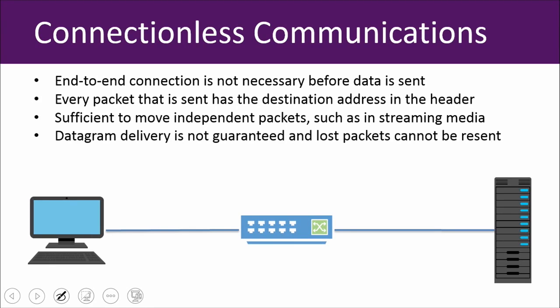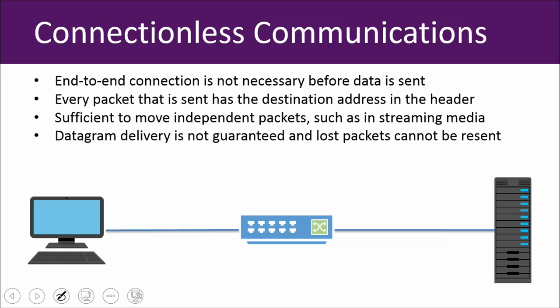All right, so let's talk about connectionless communications. An end-to-end connection is not necessary at all. Every packet that's sent has a destination address in the header. And really all that happens with connectionless communication is that packets are just sent one after the other. There's no guarantee that they'll reach their destination, and no guarantee that your device knows to resend them if they don't.